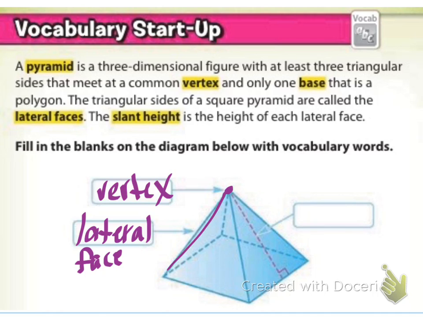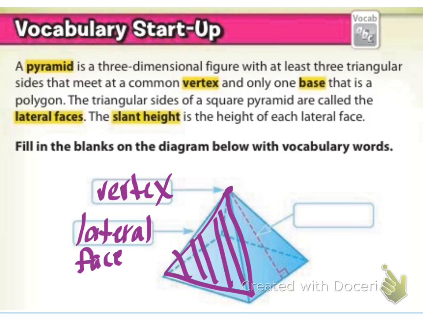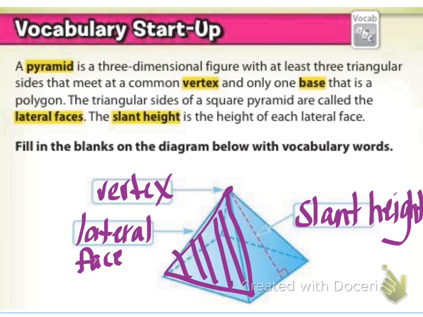I think that's what this is pointing to, but I can't tell what it's pointing at. And then we've got our slant height of the pyramid, which is represented right here at a right angle with the base of this triangle.